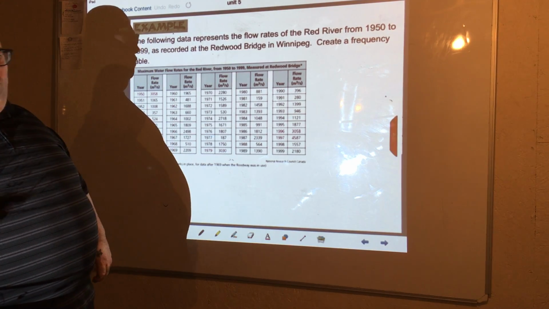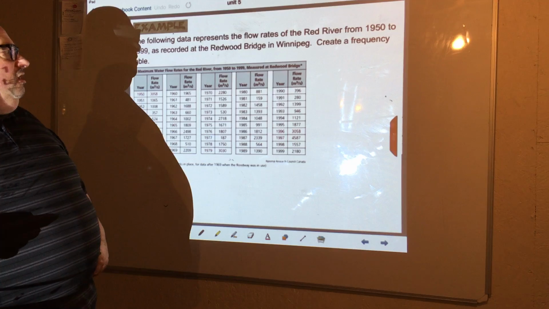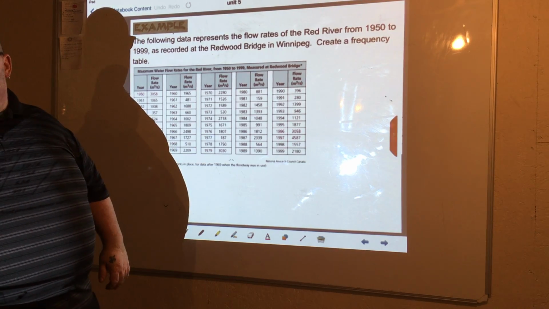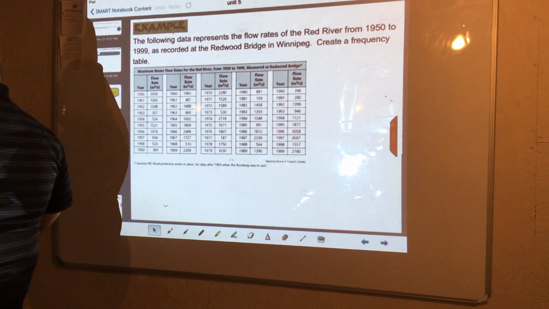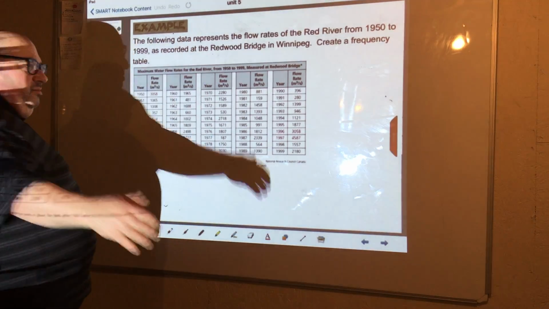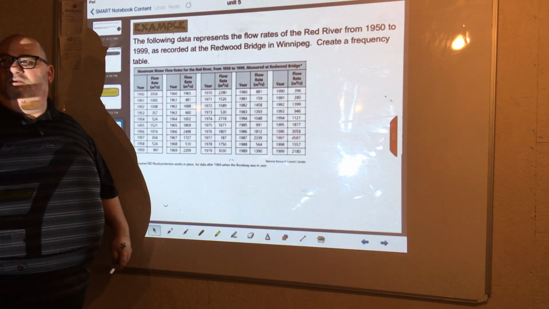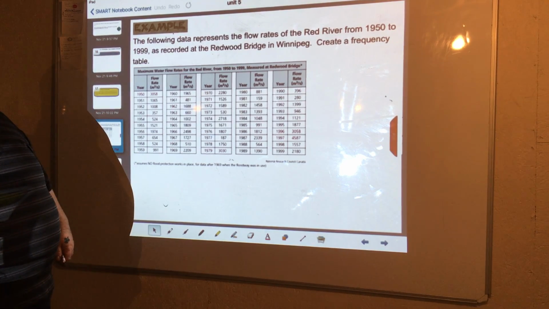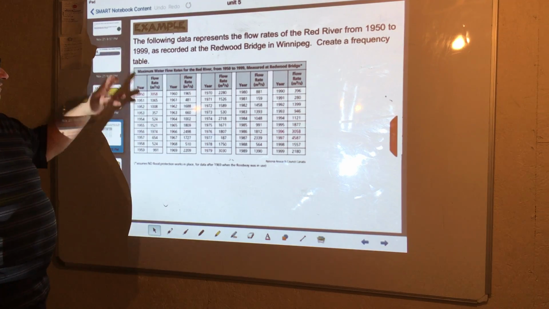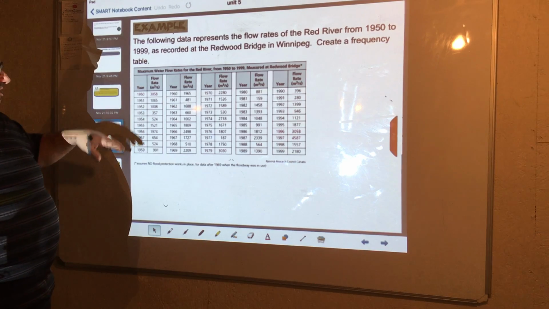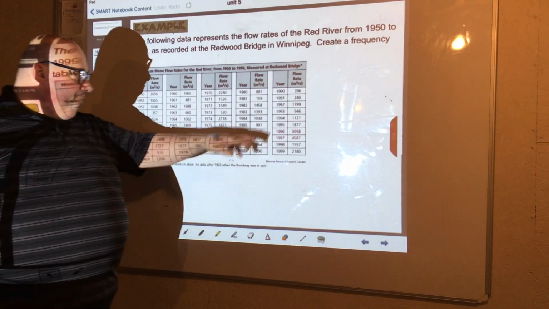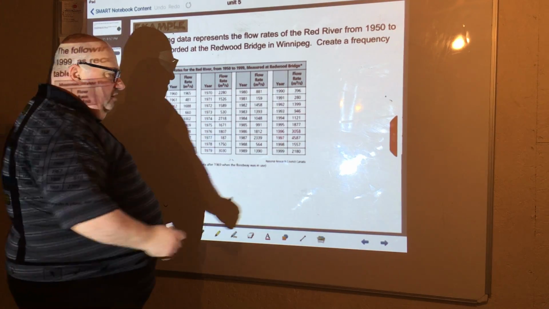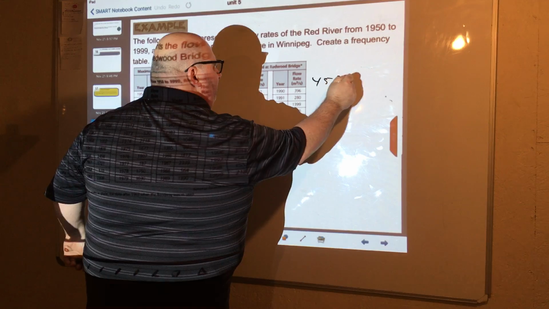Normally one of the ways to do this is we can use our range that we looked at in our last day. Remember how we find the range? The highest number minus the lowest number. Yeah, the maximum minus the minimum number. So if we look on this graph, I think the highest number for flow rate is 4,587.